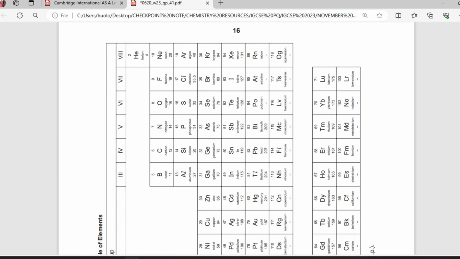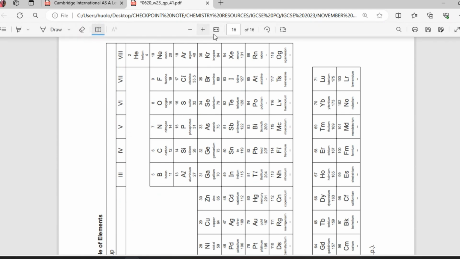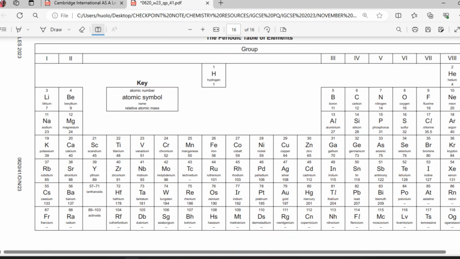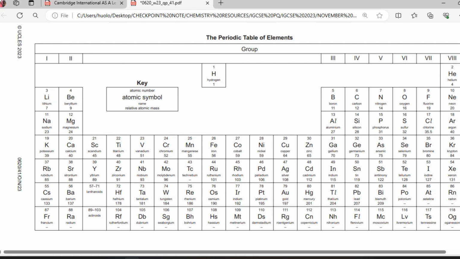If tennessine is not included, then we can take astatine. Okay, so let's rotate it and see. Okay, so we can see tennessine here. So tennessine is the right option, not astatine. Okay, tennessine will not be able to displace any one of the halogens.